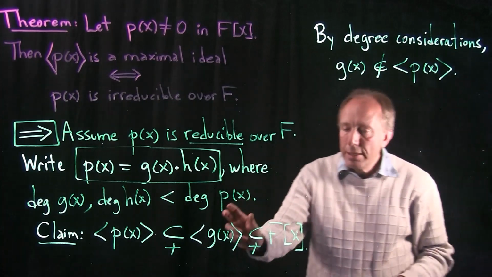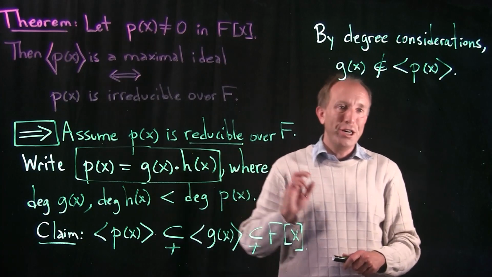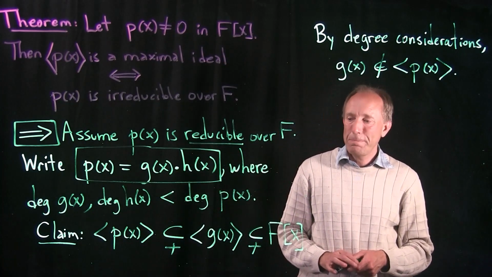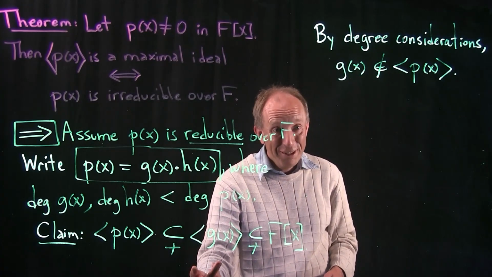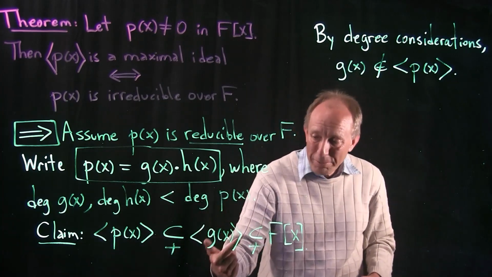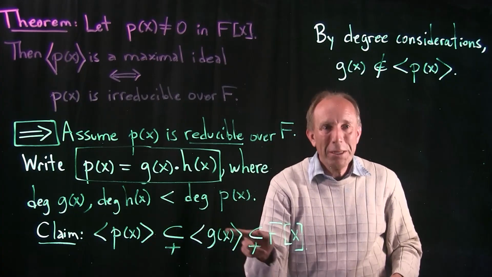And that means that the ideal that it generates is strictly larger than the principal ideal generated by p of x. Because there's something here, namely g of x itself, that does not live here. There's something here that does not live here, so we do not have subset going backwards.